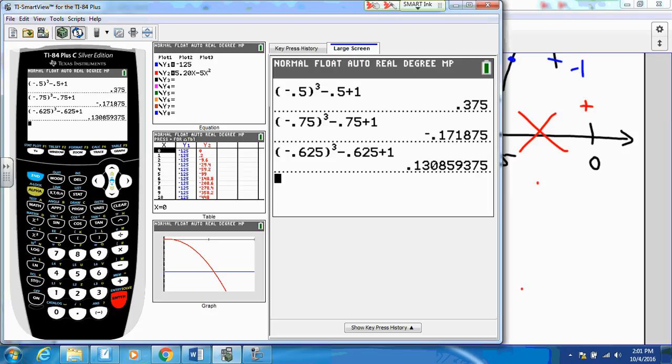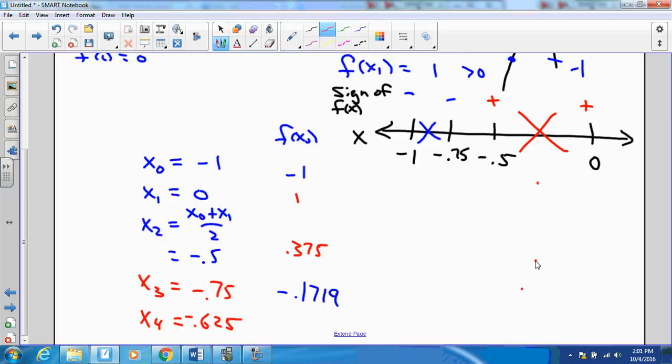Okay. That's a positive value. So I can go right here, mark my 0.625, give myself a nice positive sign, which lets me cross off that set of x values. And you see what I'm doing. I'm getting closer and closer to my 0. But I'm doing it in a smart way. I'm eliminating fully half of my guesses all at once.